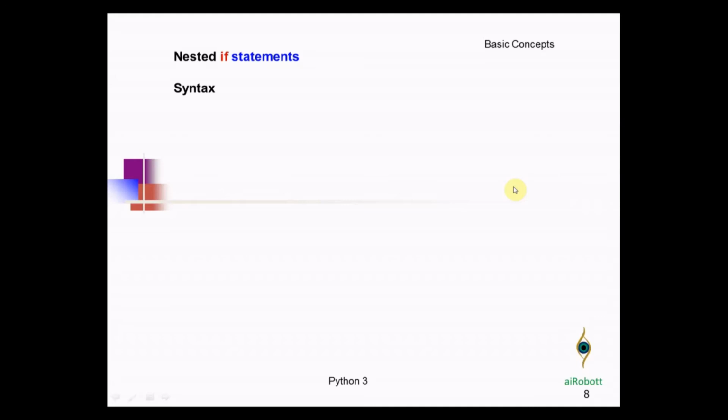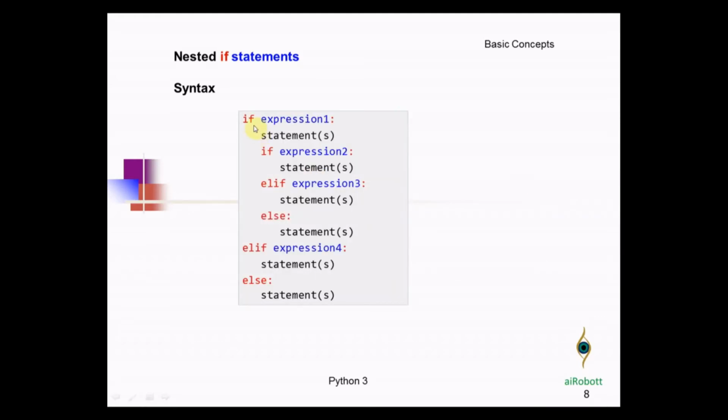See the syntax here. It is like this: if expression 1 statement, if expression 2. This is the nested if. These are the nested if conditions, elif, else. Similarly elif expression statement else. Now see the example on nested if statements.